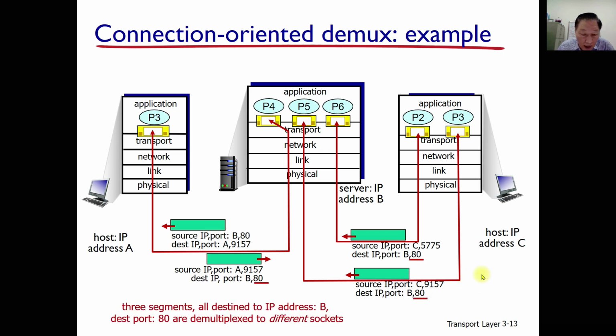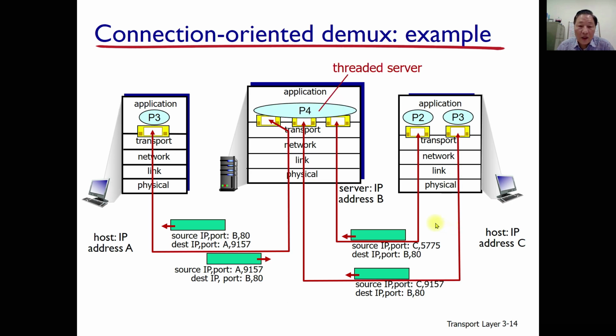Okay, let's move to the next. 3 segments all destined to IP address B and destination port 80 are demultiplexed to different sockets like this. Also, different processes can be sorted as a single threaded server like this. That is not a major concern in our slide here. So you can use anyone.